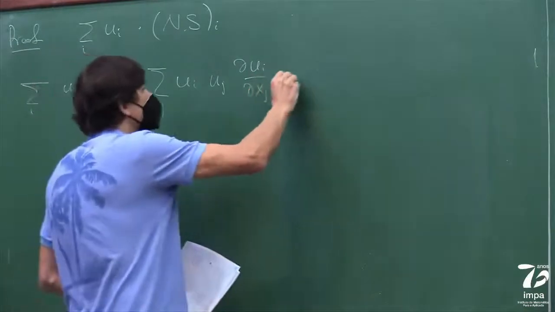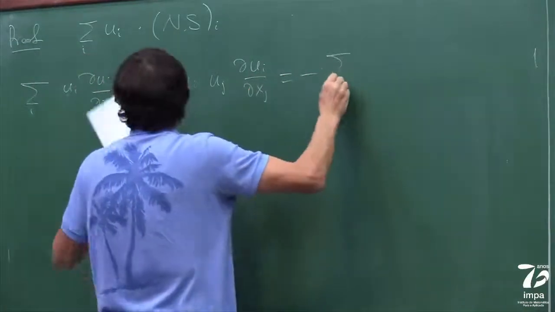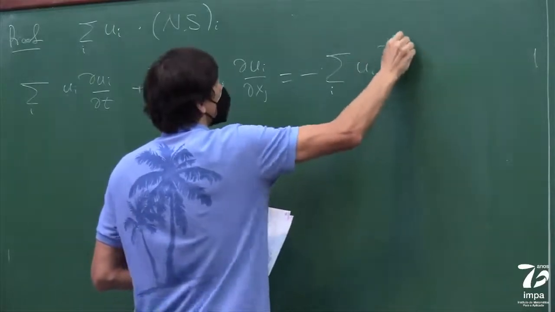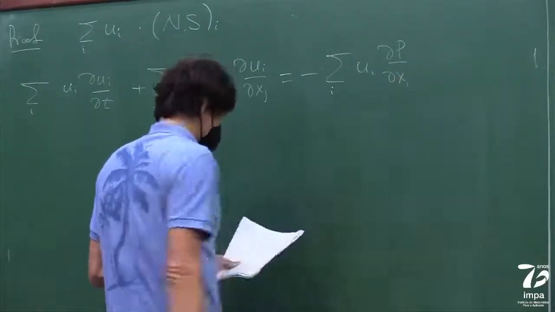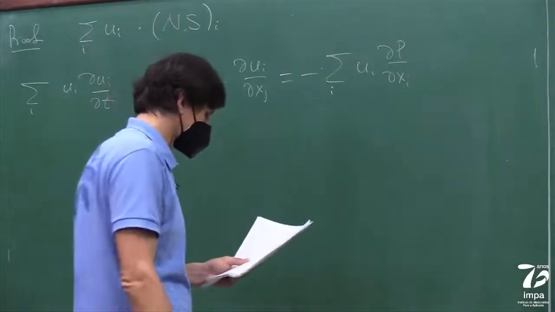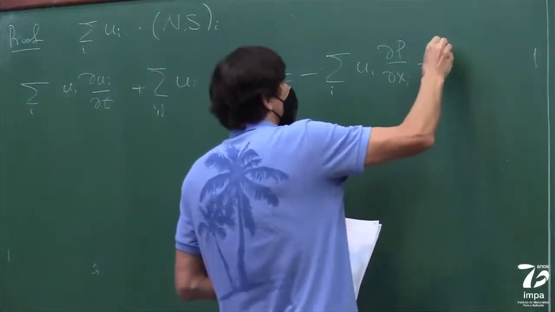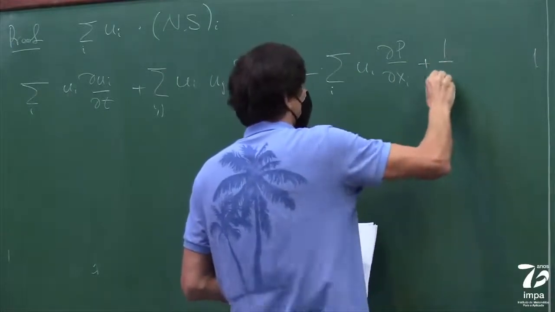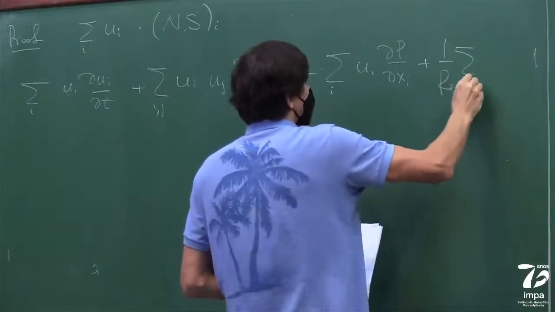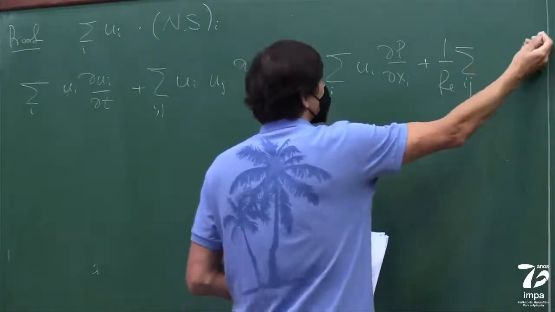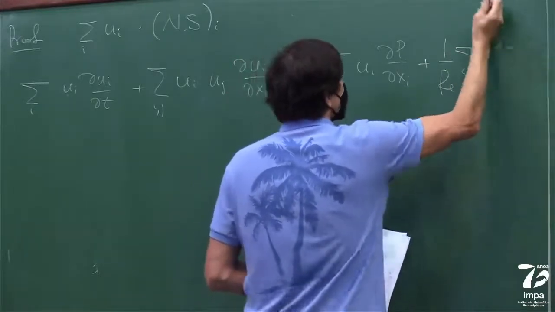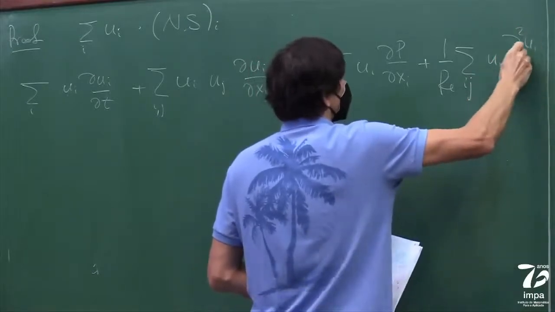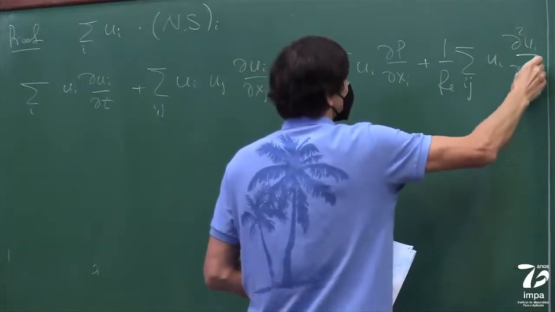Then there will be the pressure term. So remember. And then there is the Laplacian term, which is 1 over Reynolds, summed over i and also j, so there is ui d2 ui over dxj squared.